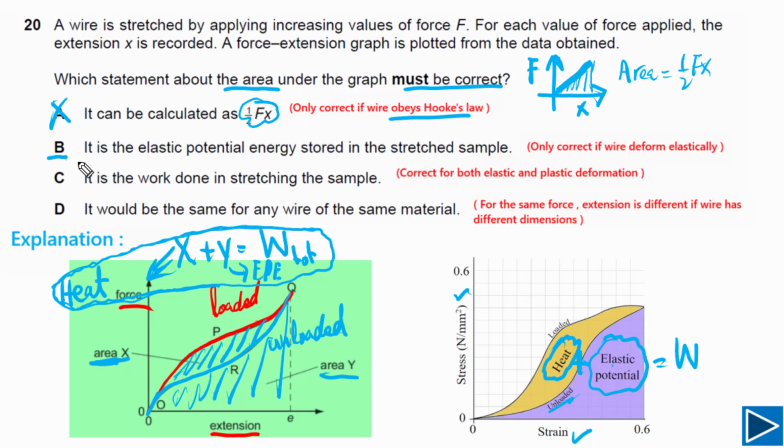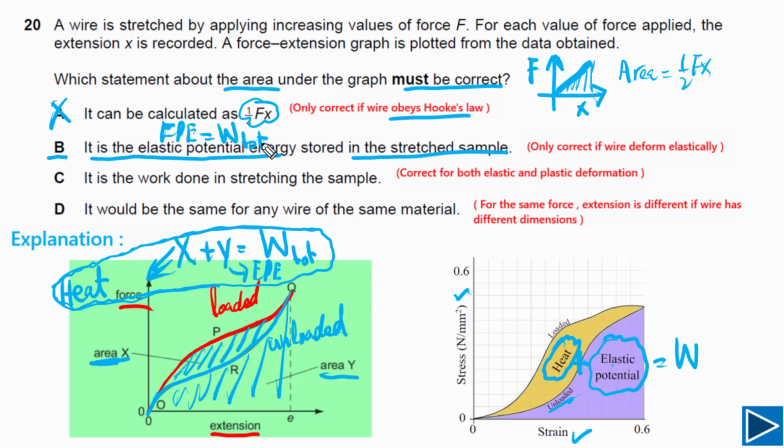If you look at option B, it is given to us that it is the elastic potential energy stored in the stretched sample, EPE, elastic potential energy. It simply means that the total work done by you has been stored in the wire in the form of elastic potential energy. And when we unload the wire, there is no thermal energy produced.